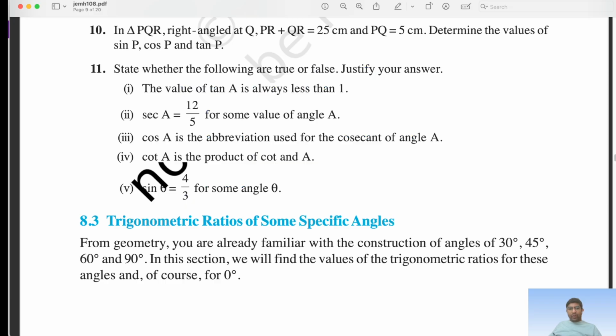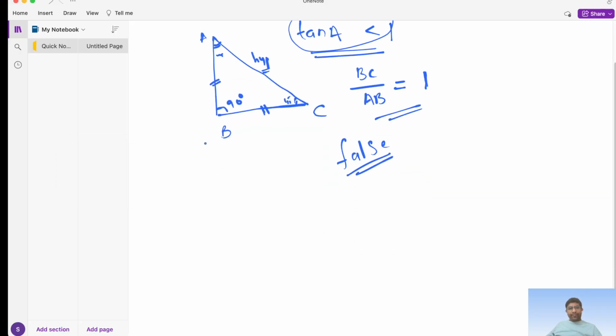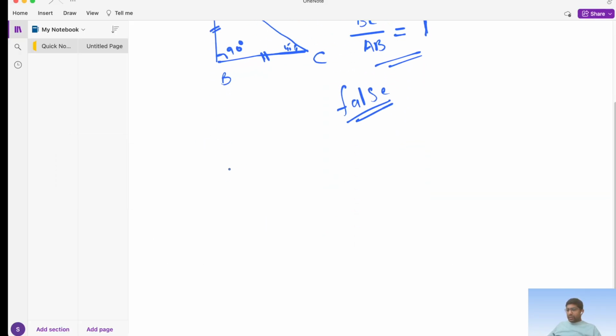Let's check the second problem. Secant A is equal to 12 by 5 for some value of angle A. Now let's check. We'll take a right angle triangle, ignore the curves on the triangle.